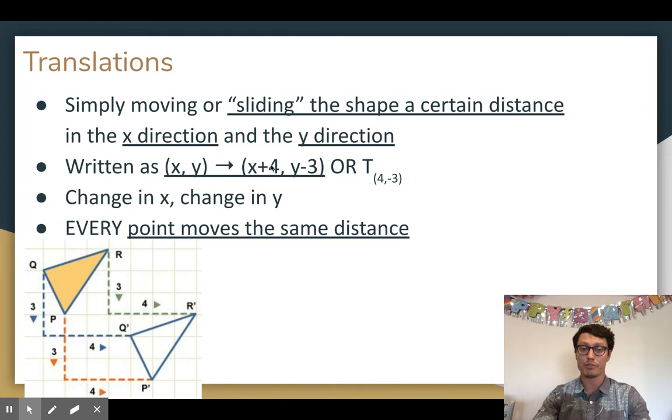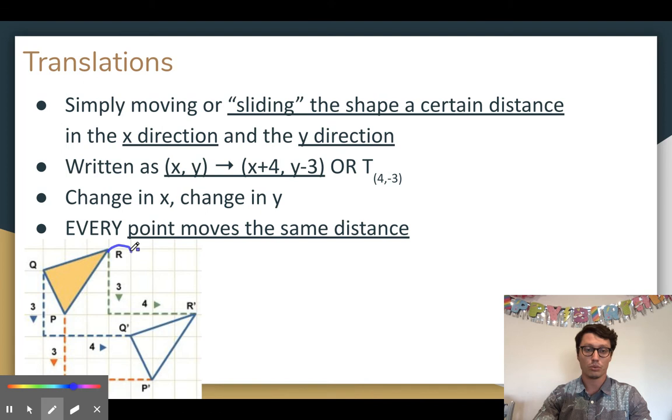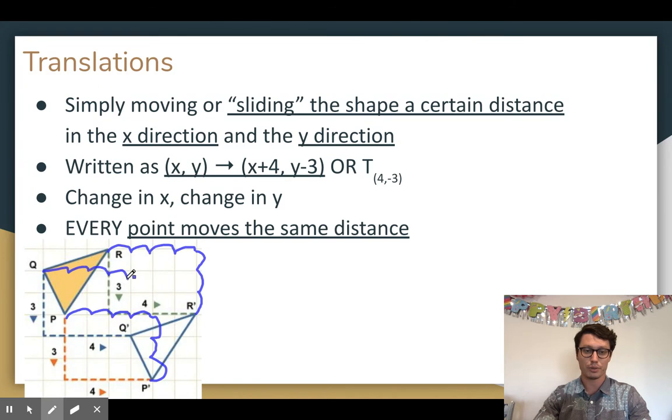So for this specific, it's x plus 4, so we would go over 1, 2, 3, 4, and since it's y minus 3, we would go down 1, 2, 3, R to R prime. P to P prime goes over 1, 2, 3, 4, and down 1, 2, 3. And same thing with Q to Q prime, 1, 2, 3, 4, 1, 2, 3. They all match up.